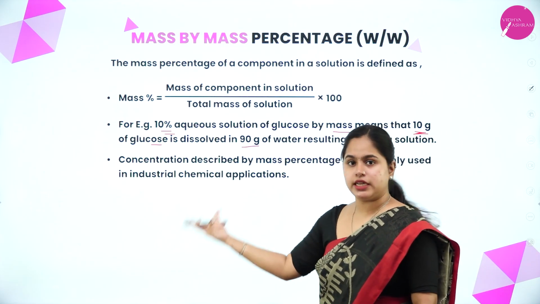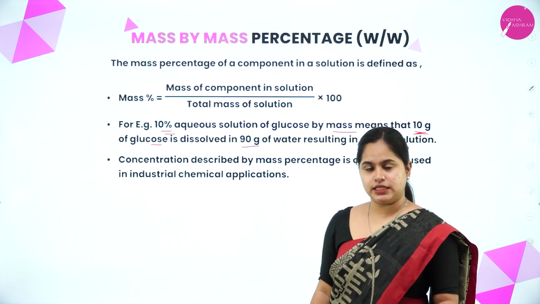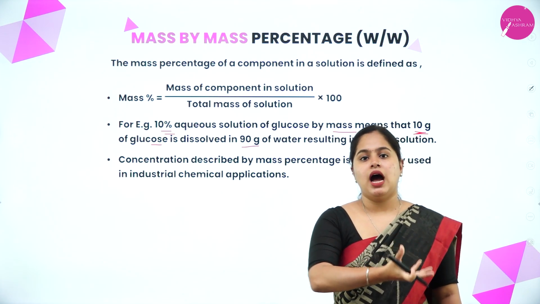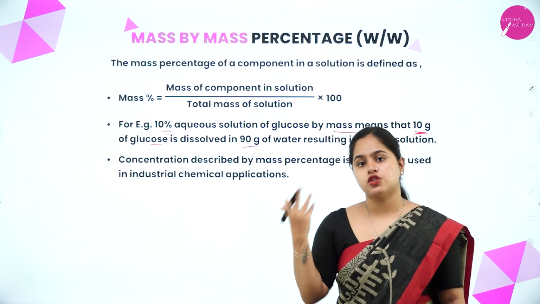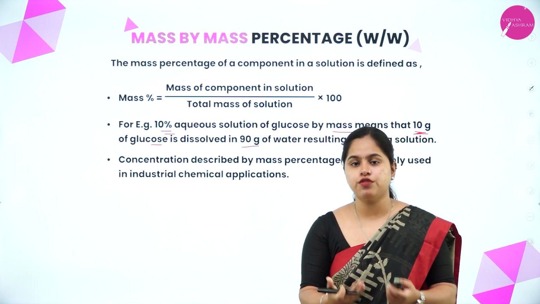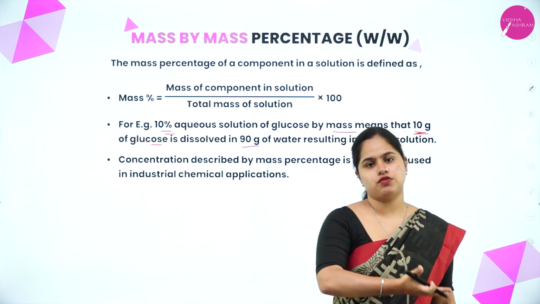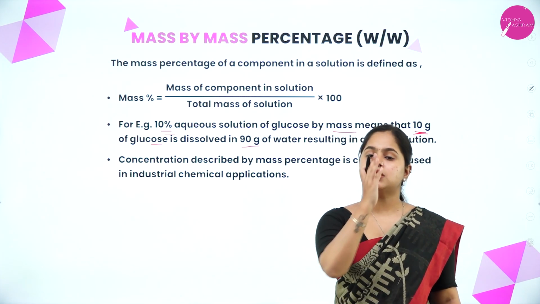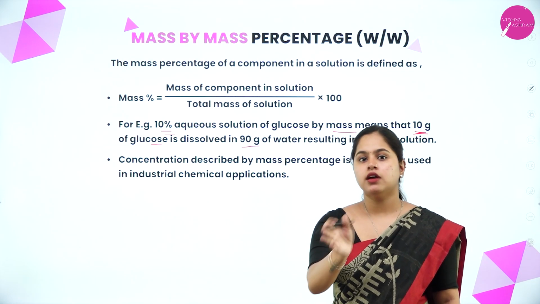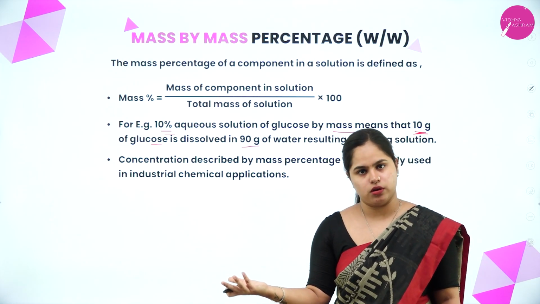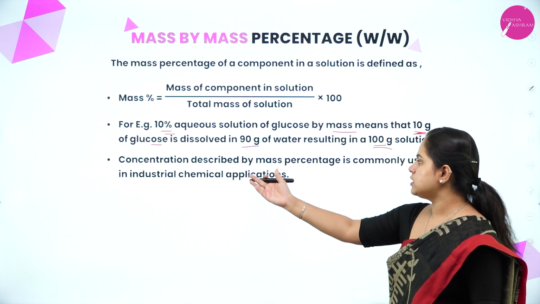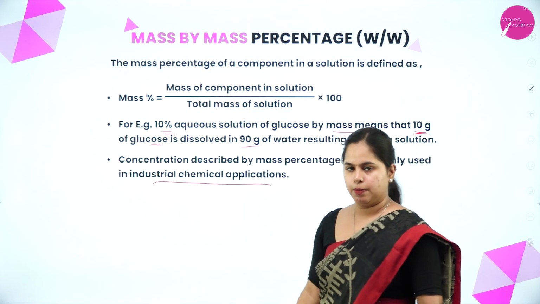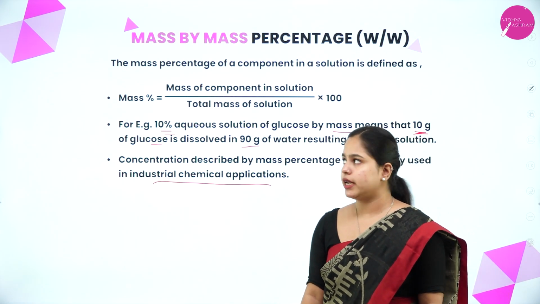So 10% glucose by mass means 10 gram will be your solute and 90 gram will be your solvent, which gives you a total of 100 gram, right? You know that mass of solute plus mass of solvent will give you mass of solution. Clear? Concentration described by mass percentage is commonly used in industrial chemical applications. So I hope this is clear.